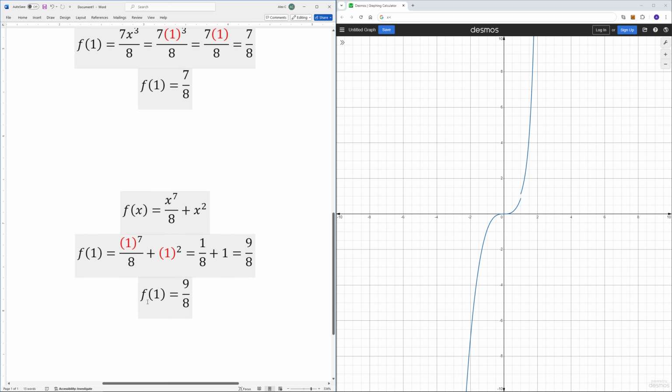Therefore, the range for the piece where x is greater than or equal to 1 is 9/8 inclusive.